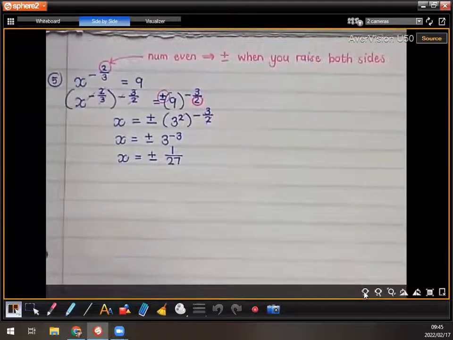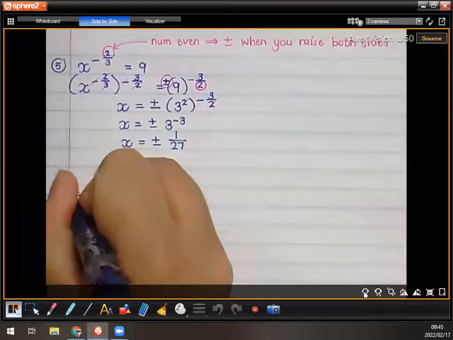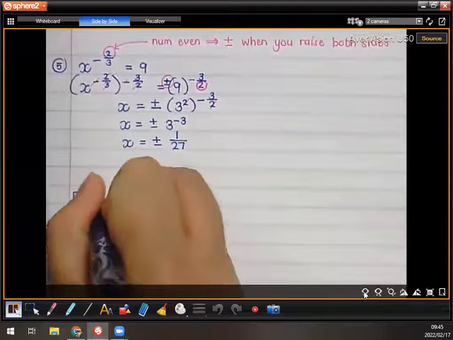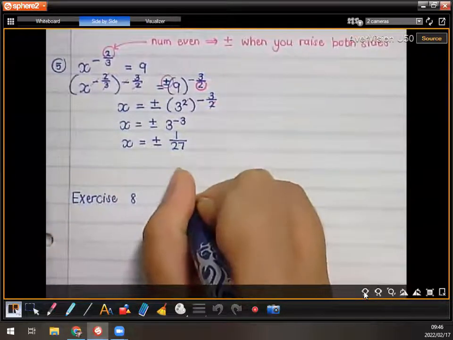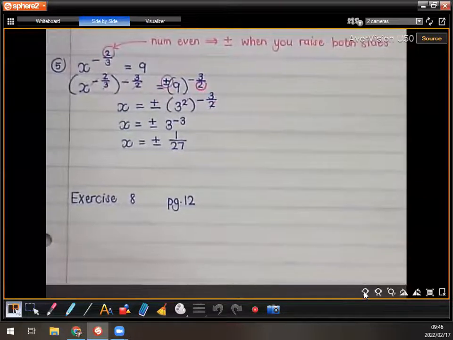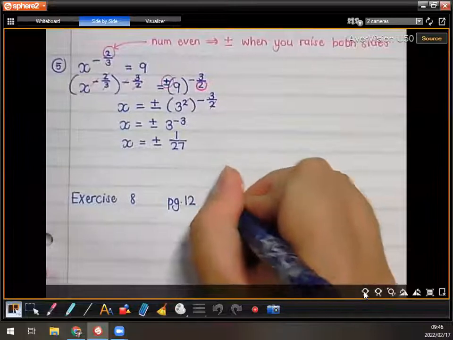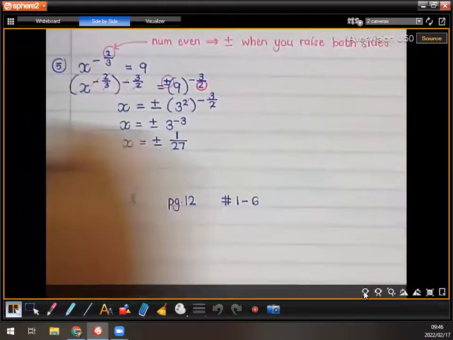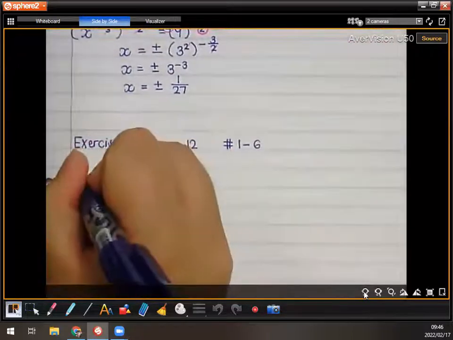So guys, I'm going to give you some of these to practice. Exercise 8 on page 12. Try to do 1 to 6. I'll write them down for you.